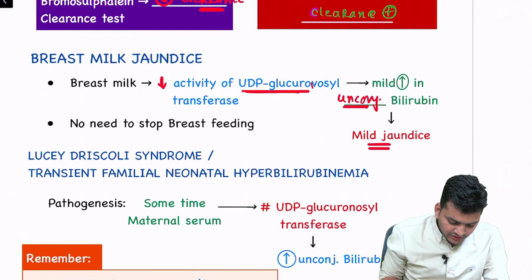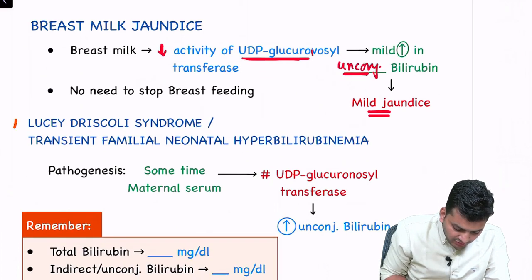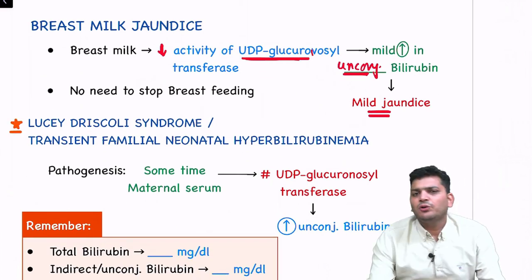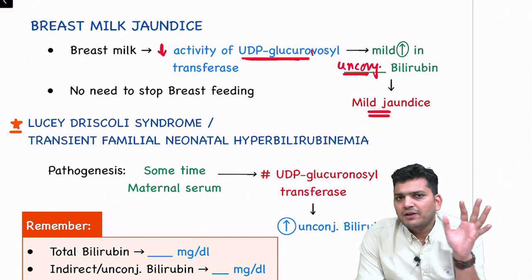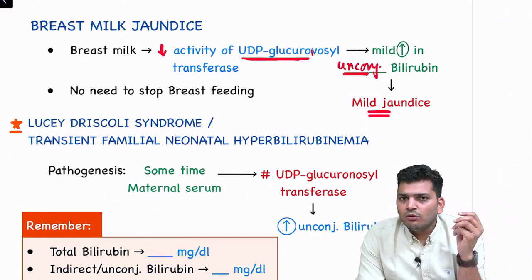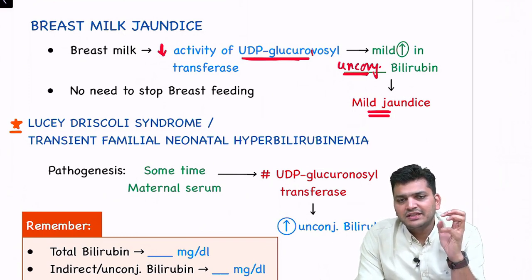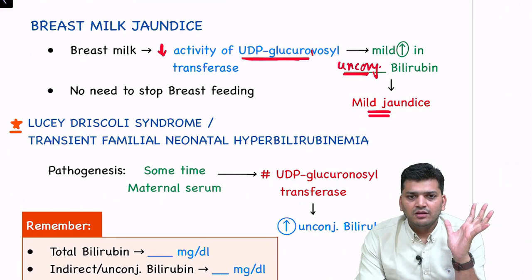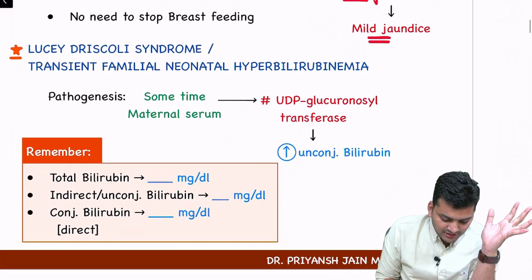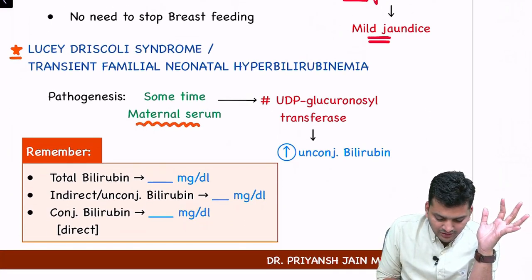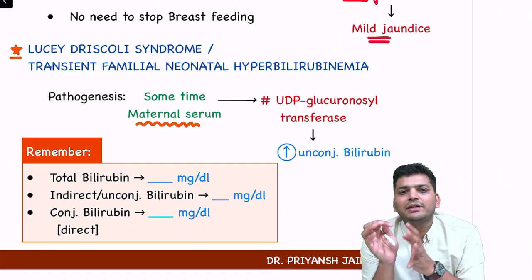Now, there is one more condition, the Lucey-Driscoll syndrome. This is a familial condition where in all the family members there is a decrease in the activity of this enzyme. Sometimes, due to maternal serum, the enzyme activity will decrease.